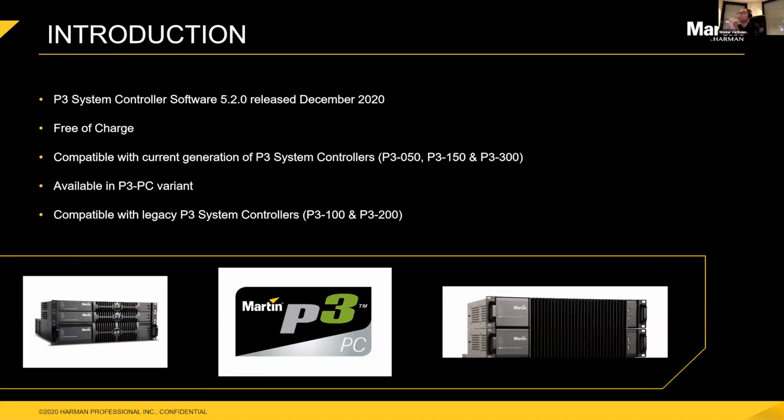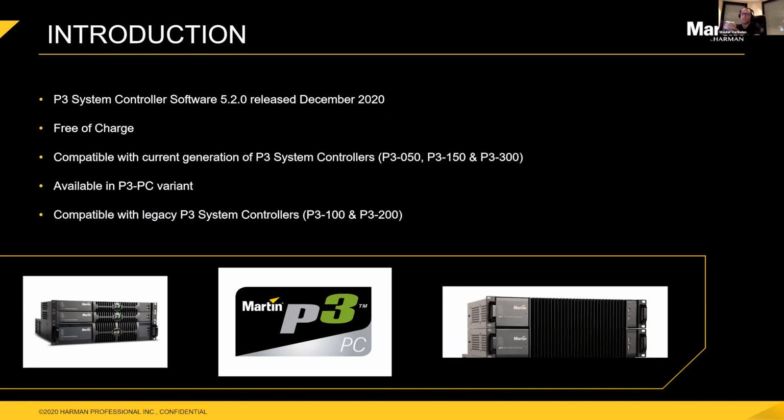So it was indeed released in December 2020, and of course, as with all P3 software, it's completely free of charge. It's compatible with the current generation of P3 controllers, so the P350, 150, and 300, and it's of course also available in the P3 PC version, which is still also free of charge and outputs up to 20,000 pixels of P3 data.